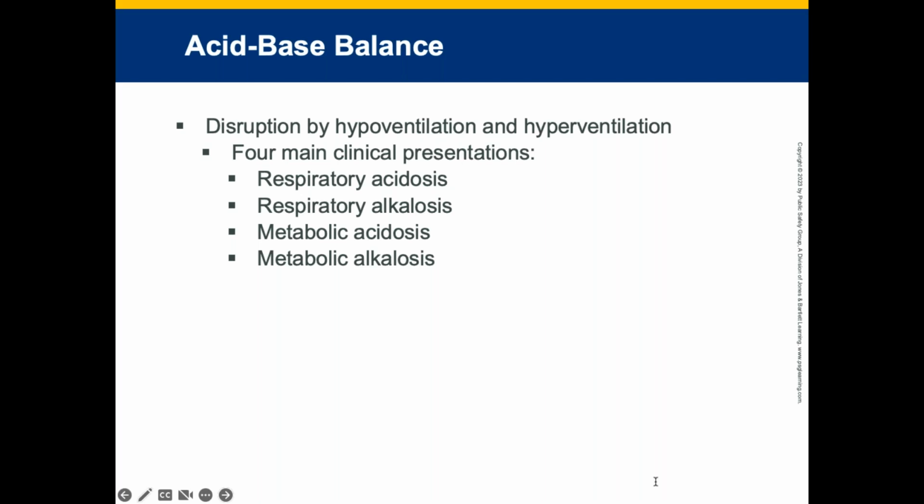HCO3, bicarb, 22 to 26. Okay, pH, 7.35 to 7.45. Those are normal values, okay? Everybody following? Yes. Okay.